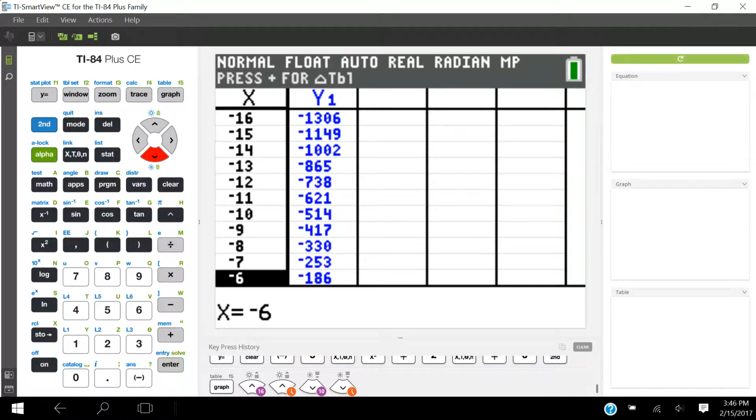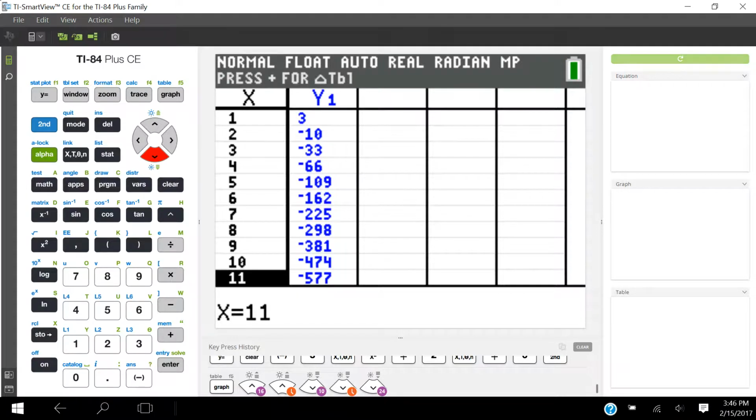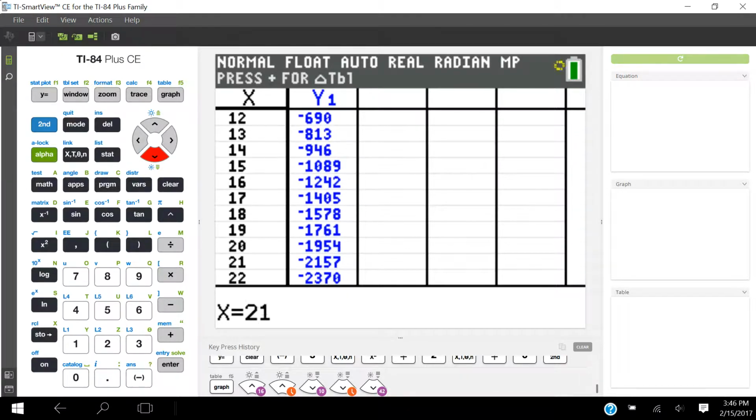Then I'm going to keep going to 5, which is -109. And then finally 22, which I'm almost there. Thank goodness. 22 is -2,370.